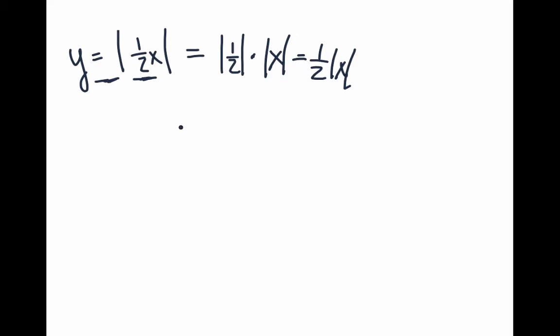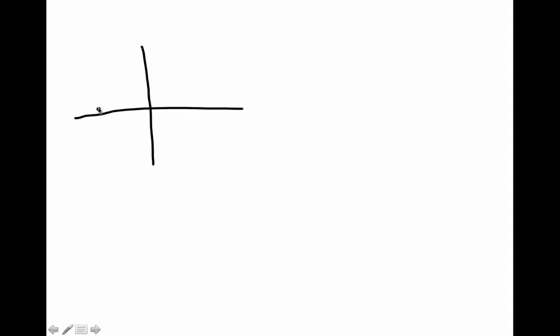Say I had a function that looked like this. Totally made up. You don't need to worry about how it's defined. But it goes through the point -4 comma -4. And it jogs over here to -2 comma -4. And then it goes straight up here to the point 2 comma 4.